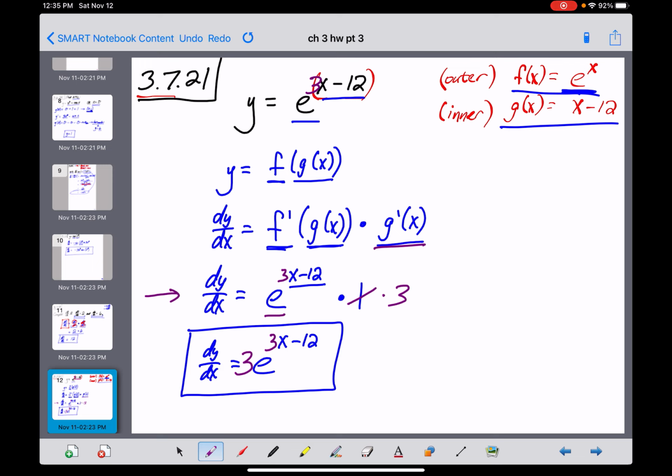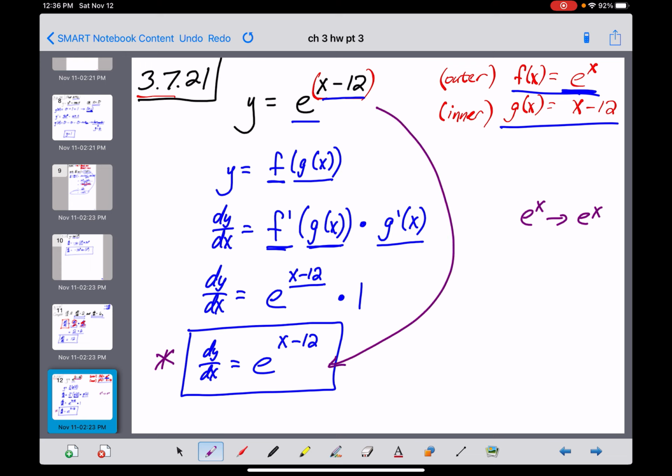I don't want you guys walking through a problem like this and saying, okay, anytime I take the derivative of e to any power, it's always the exact same thing that I started with. I can see why you would say that if you said, oh, the derivative of e to the x is e to the x. It's exactly the same. Or with this example, the derivative of e to the x minus 12 is e to the x minus 12, the same thing again.